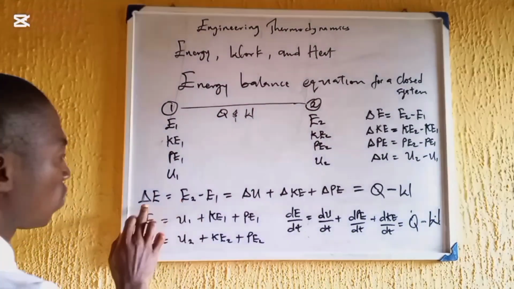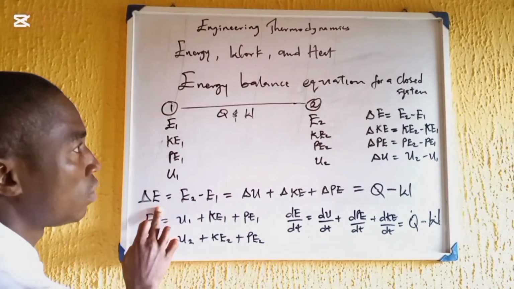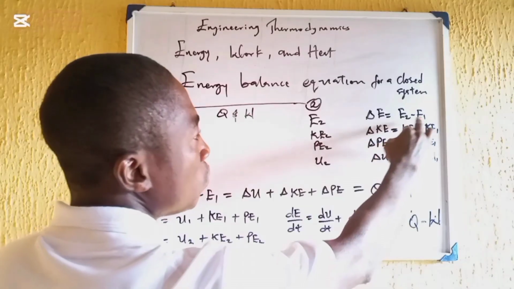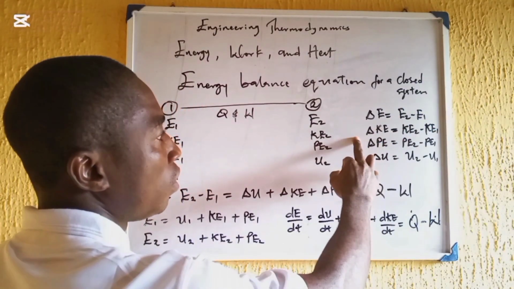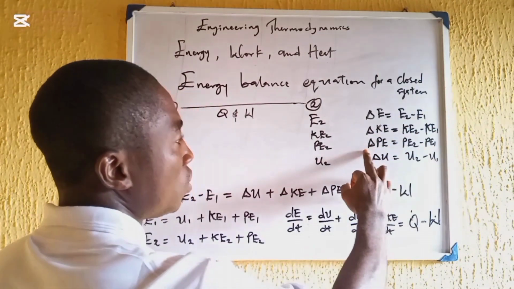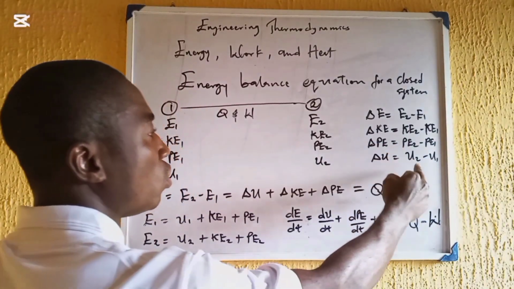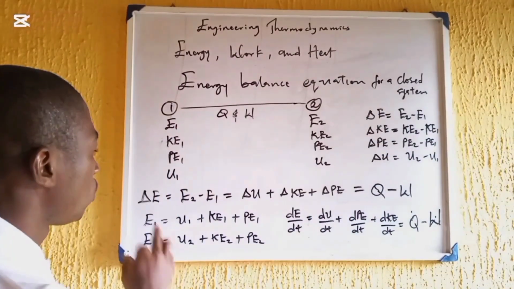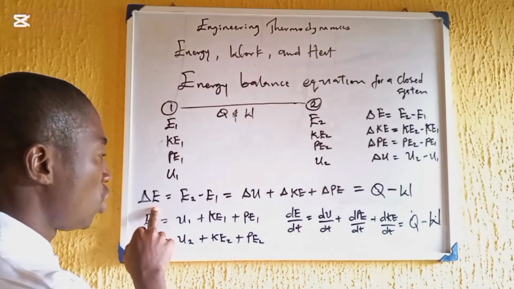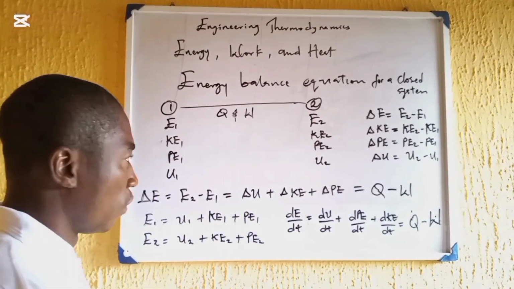Now for the equation, we have change in E. Change in E is E2 minus E1, change in KE is KE2 minus KE1, change in PE is PE2 minus PE1, and change in U is U2 minus U1. So change in E is the change in the total energy of the system.